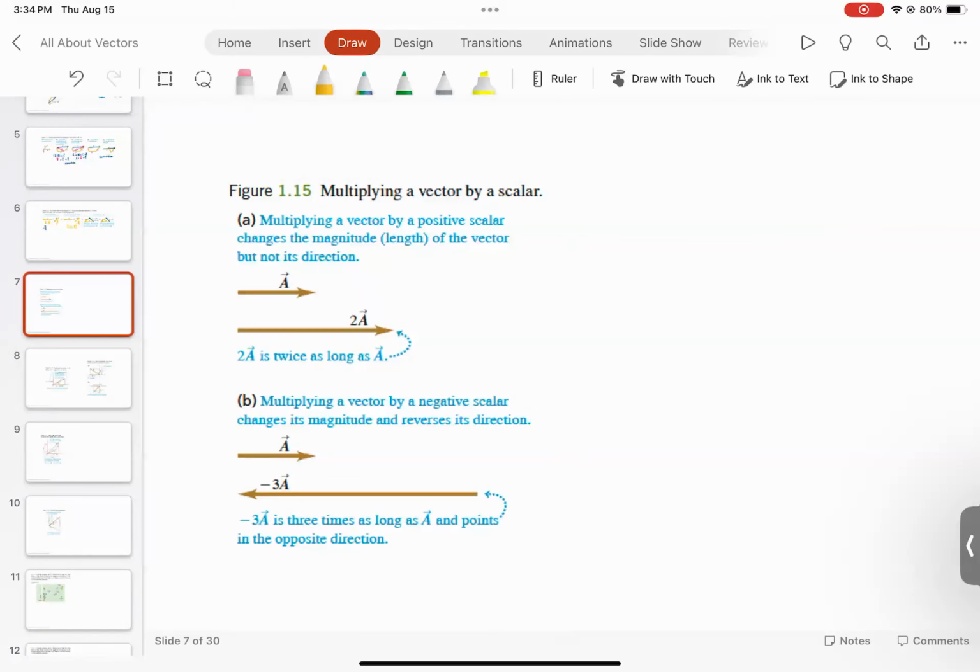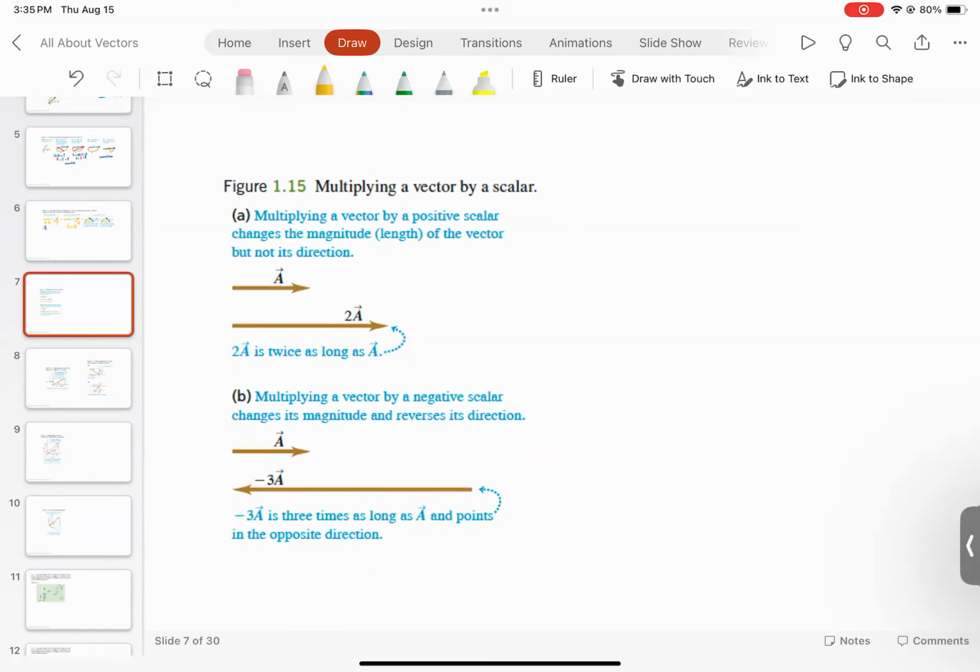If you have a vector A and you multiply it by 2, what happens is the magnitude of the resultant vector doubles in relation to vector A. So this is vector A multiplied by 2. Vector 2A is just twice the magnitude of vector A.